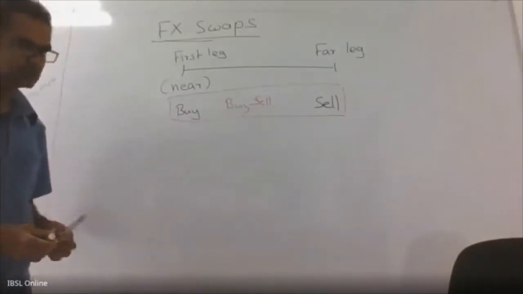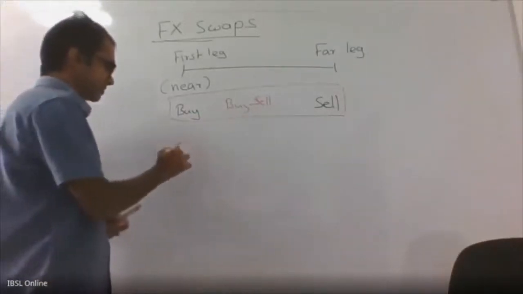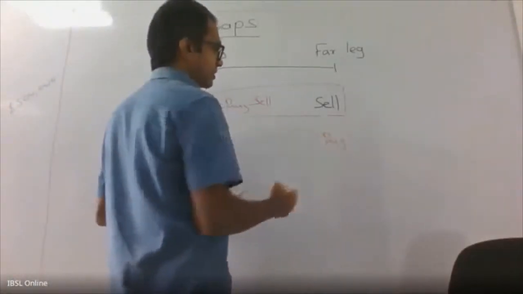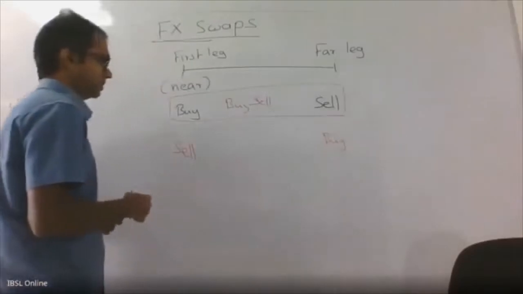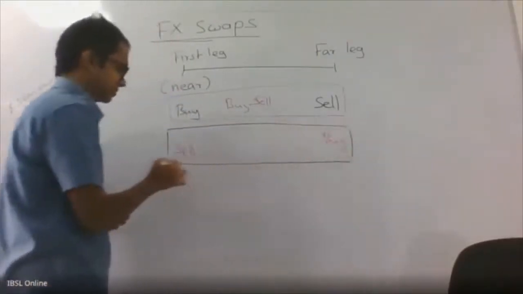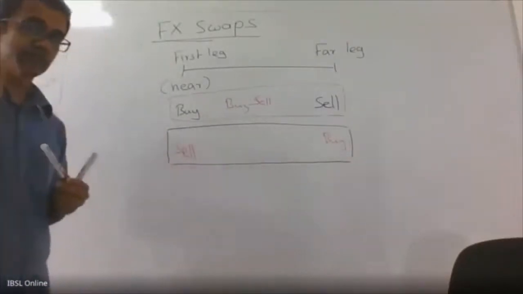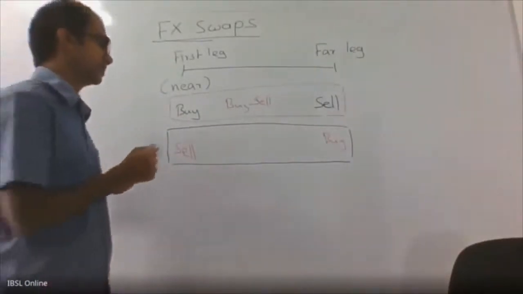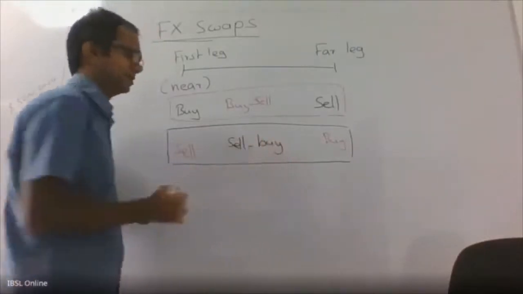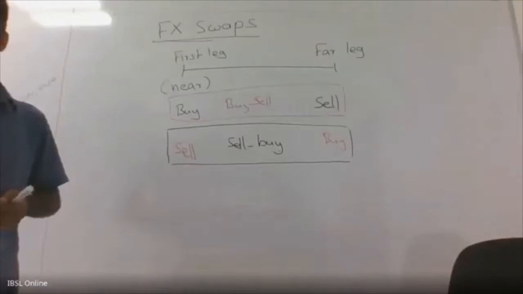Otherwise, we sell one currency here or buy the same currency in future. That is also a single transaction with the same party. We call it a sell buy transaction.